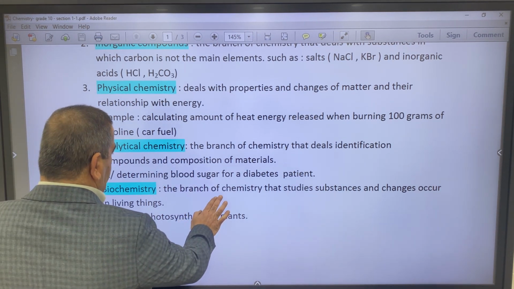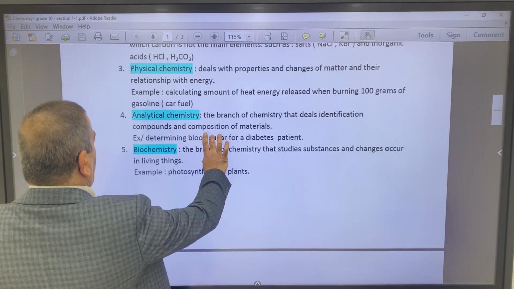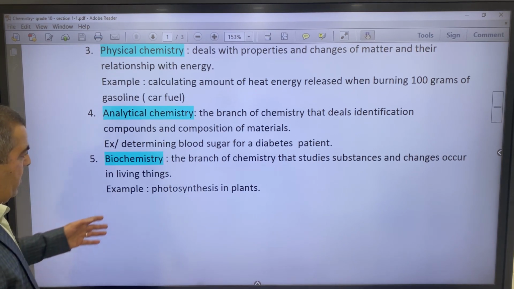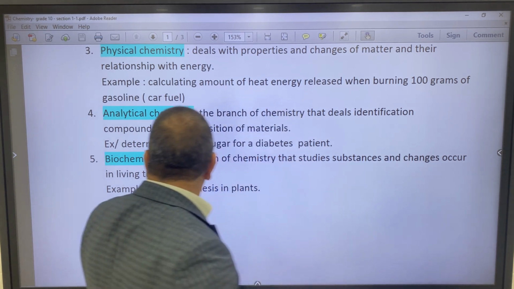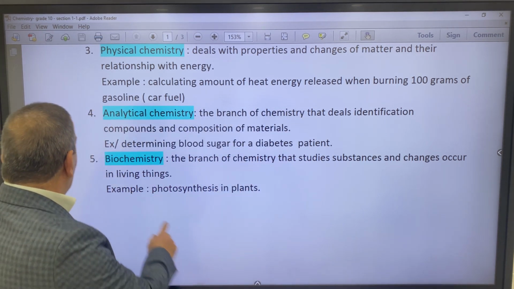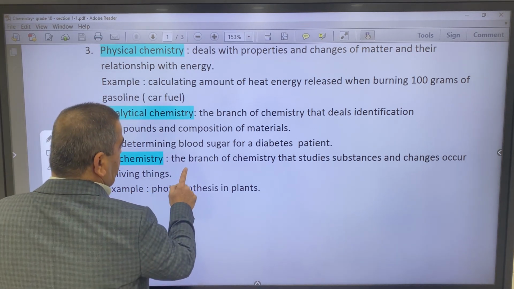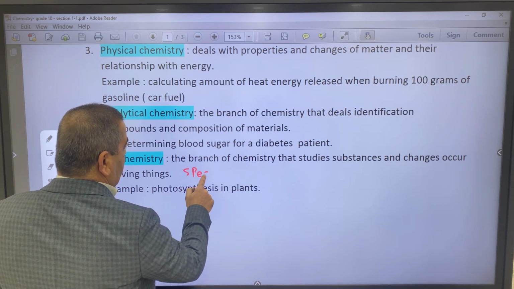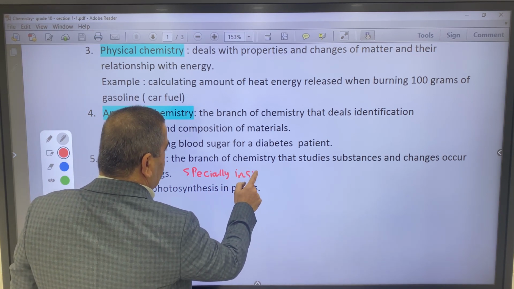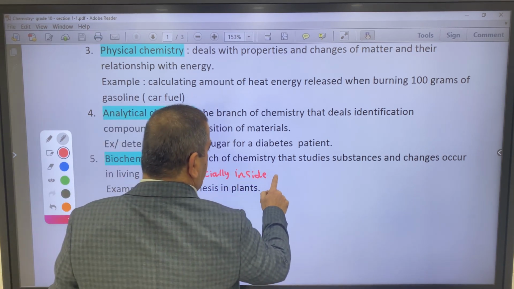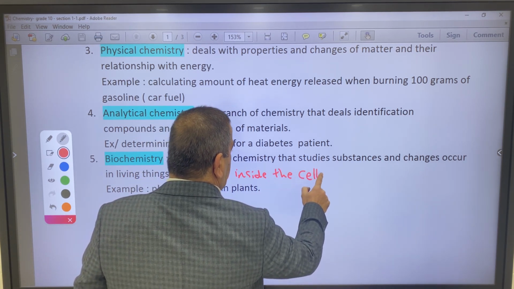We have biochemistry. Biochemistry is the branch of chemistry that studies substances and changes that occur in living things, especially inside the cells.